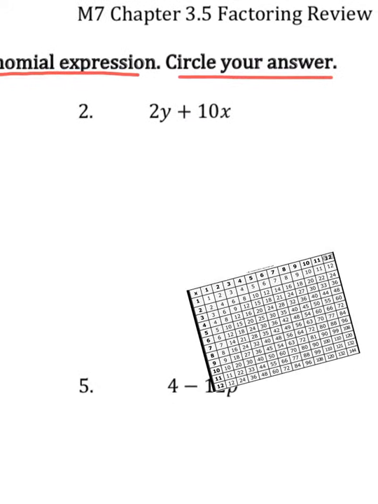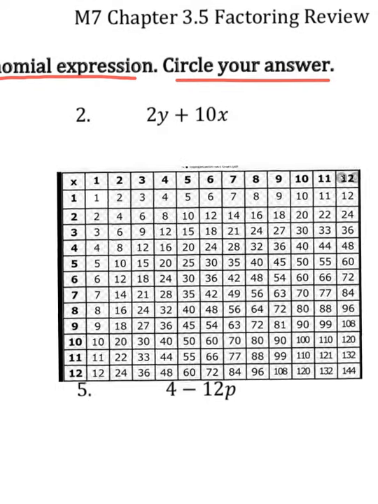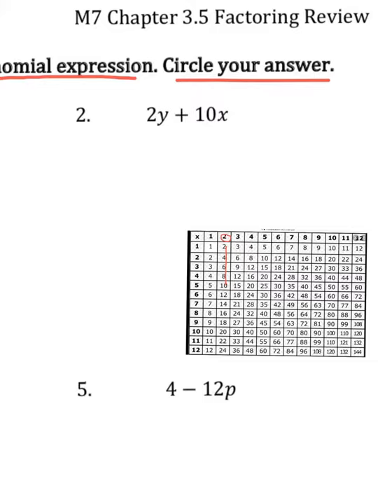Number 2, we have 2 and 10, and a common factor with 2 and 10 is going to be right over here. 2 and 10 right here would be a 2. And so you want to actually look and see if you could take your smaller value here and see if you could divide that out right away.